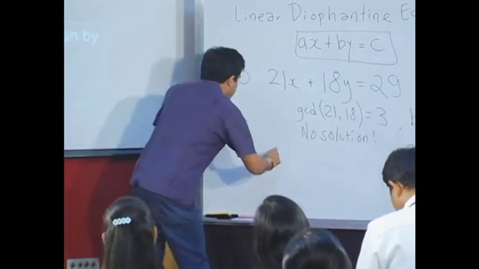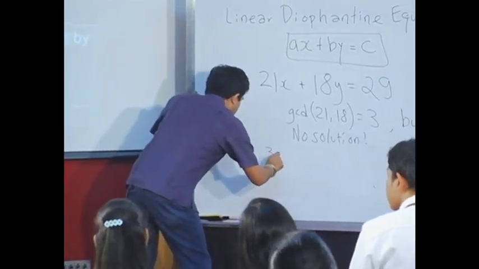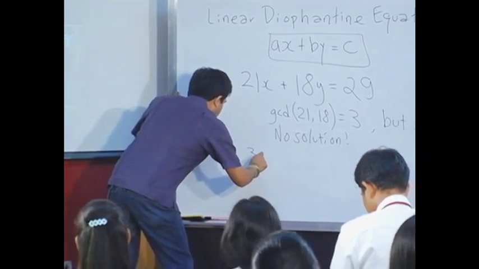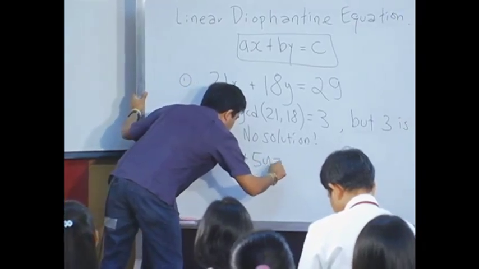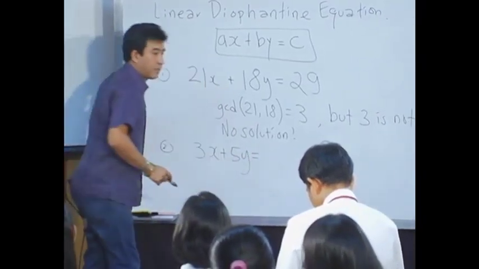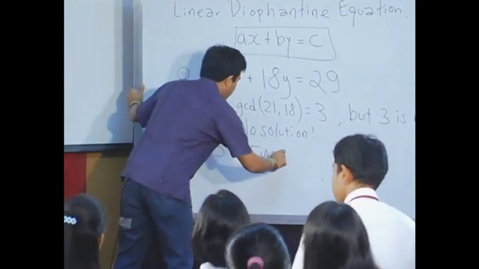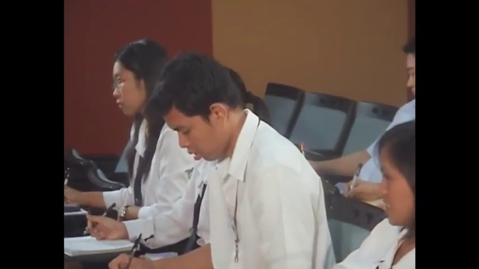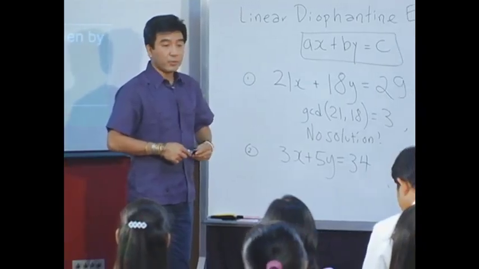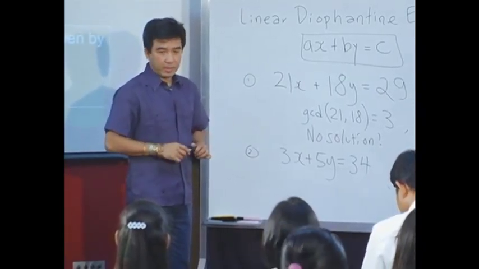However, we can look at equations like 3x plus 5y is equal to 34. What is the GCD of 3 and 5? 1. These two numbers are what we call relatively prime integers.